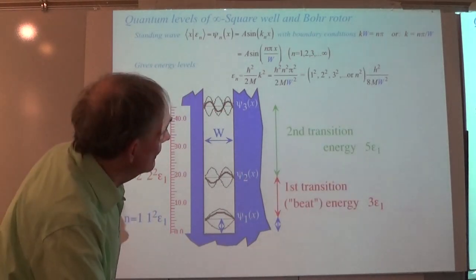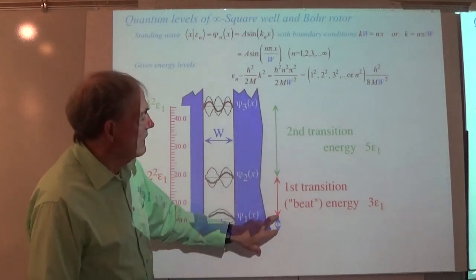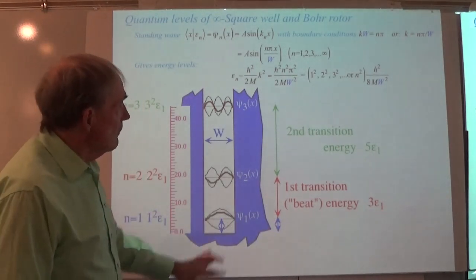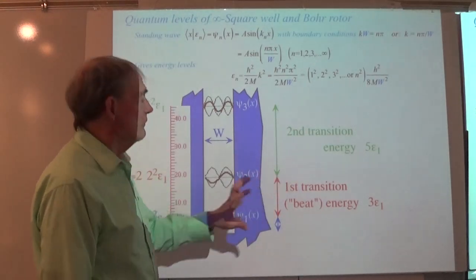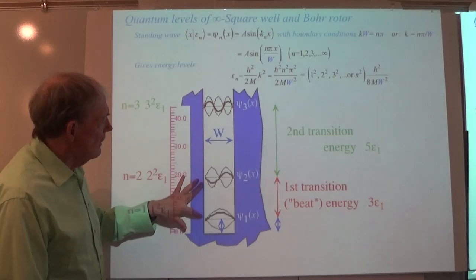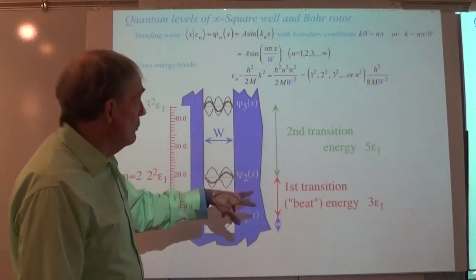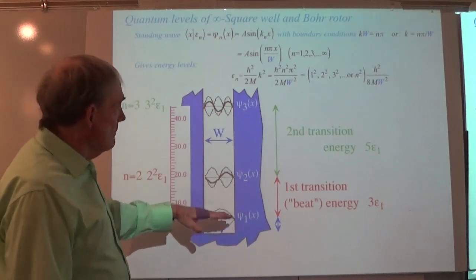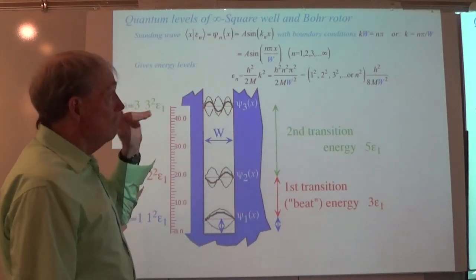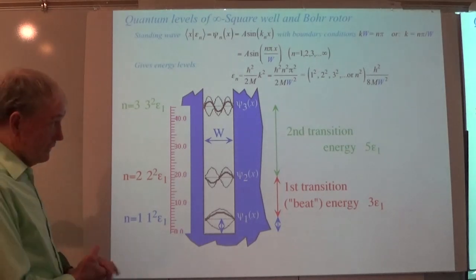Let's go ahead and keep these things going here. We have the zero-point energy right there. We have the first transition, which I'd like to look at real quickly on the animations. The first transition is the beat energy between these two, but let's just talk about the states whose absolute values do not move.